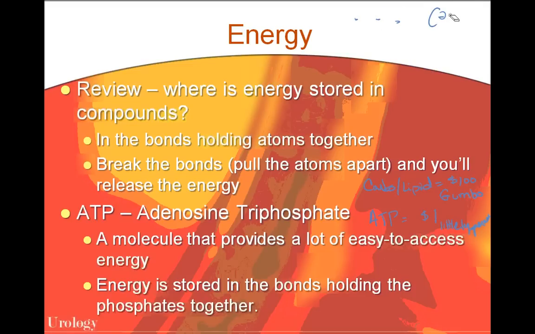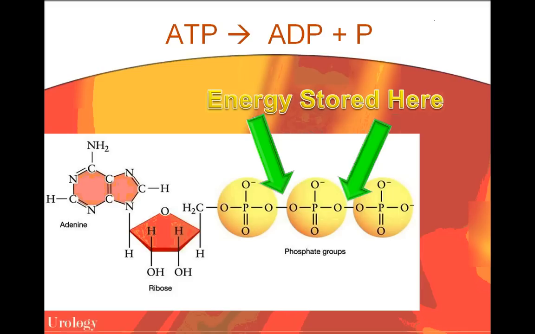We said energy is in the bonds that hold molecules together. So for ATP, the energy that we're getting out of it is holding the phosphates together. This is what ATP looks like. I'm going to scratch off 2 of these P's real quick. Now what do I have?